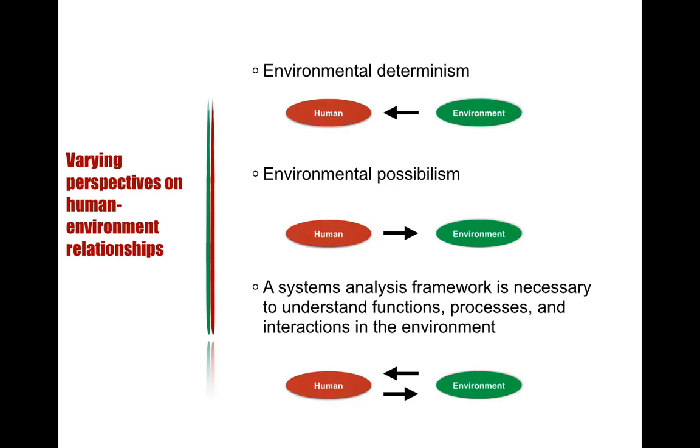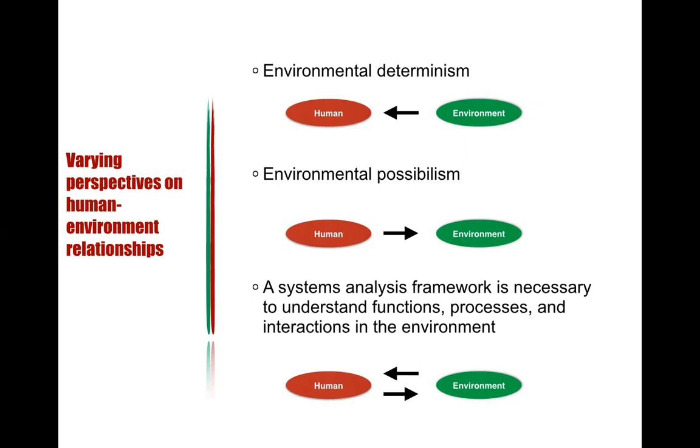Then come 1950s, dumating yung perspective, yung environmental possibilism opposing the tenets of environmental determinism. Sinasabi naman ng environmental possibilism na yung human ay mayroong agency na baguhin ang kanyang environment. May kakayahan siyang baguhin ang kanyang kapaligiran. So like for instance, humans engaging in agriculture, humans building cities or urban centers.